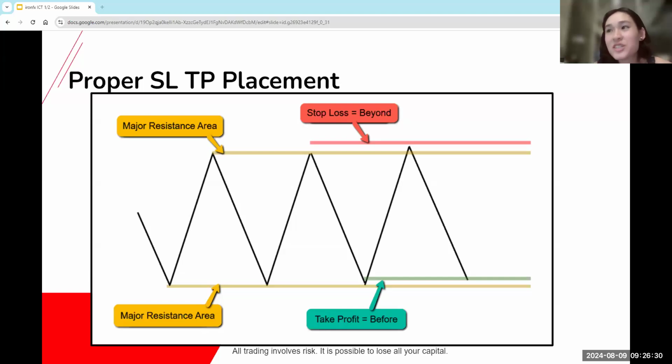This is obviously just a recommendation. It's completely up to you what you choose to do. But we normally will recommend you to place your stop loss beyond the resistance area and your take profit should be placed before. Okay, so of course this example involves a sell entry since our take profit is below, right?